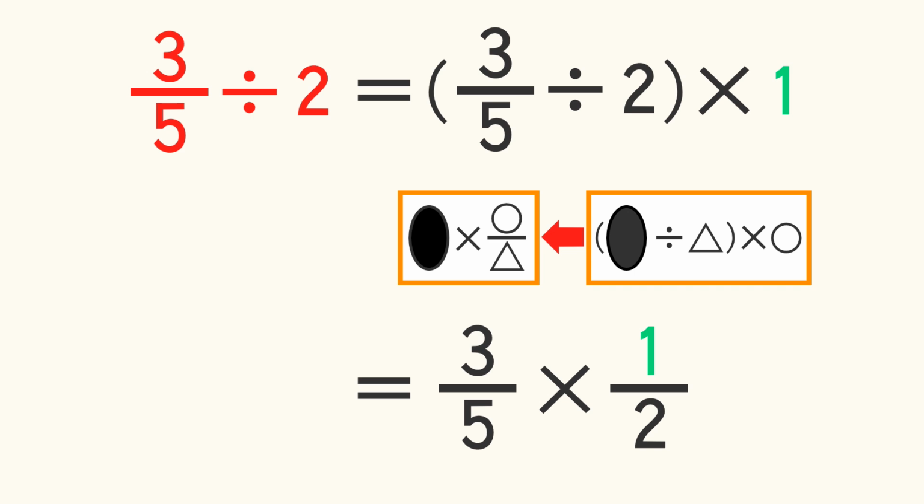Dividing by a whole number and then multiplying by another whole number can be rewritten as multiplying by a single fraction where the numerator is the multiplier and the denominator is the divisor. Since the multiplier here is 1, dividing by a whole number is the same as multiplying by a fraction, where the numerator is 1 and the denominator is the same whole number.